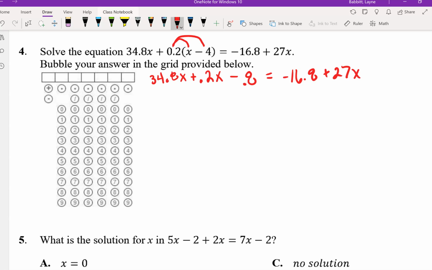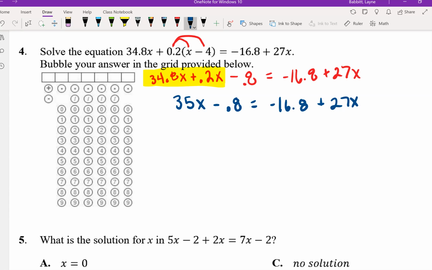Now, take a look at this left side. We've got some like terms. We're going to combine those next. 34.8 plus 0.2 is going to be 35x minus 0.8 equals negative 16.8 plus 27x. The left side's simplified, the right side's simplified.